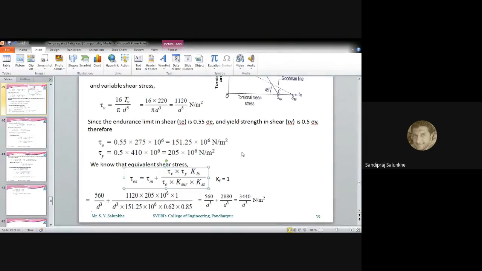And if you are going to take into account all these factors, the size factor, surface finish factor and stress concentration factor, this formula will become like this. If anyone has not understood, he can ask a question at this place only. Have you got what I am saying? Yes, yes. Okay. Anybody else who has not understood yet?